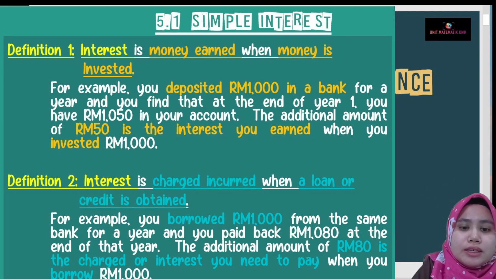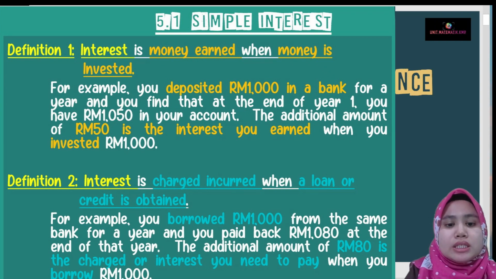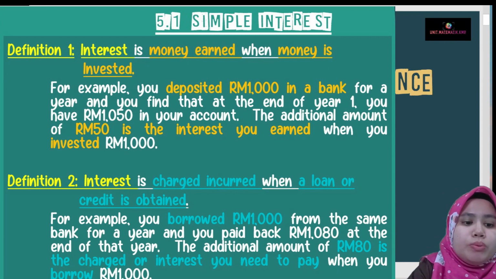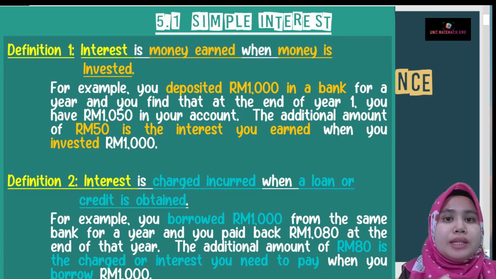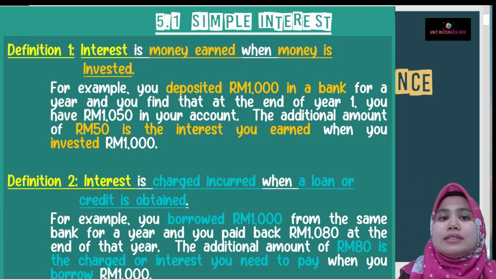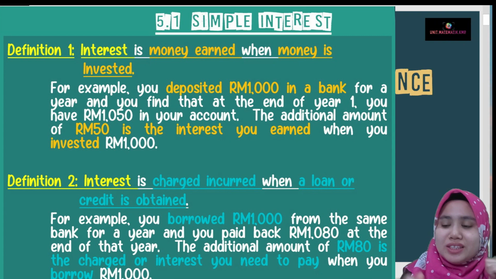So the additional amount of RM80 is the charge or interest you need to pay when you borrow. So here is saving, here is loan. Our interest is different, meaning that it is either interest that you earn or interest that you are charged. So far so good.